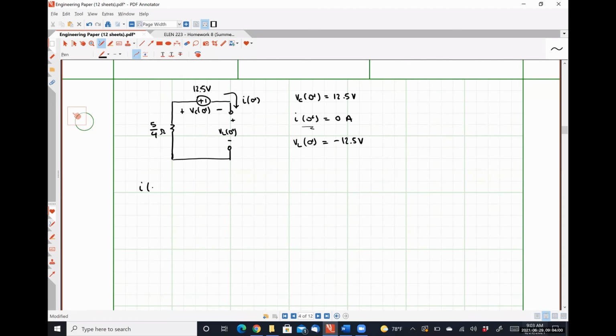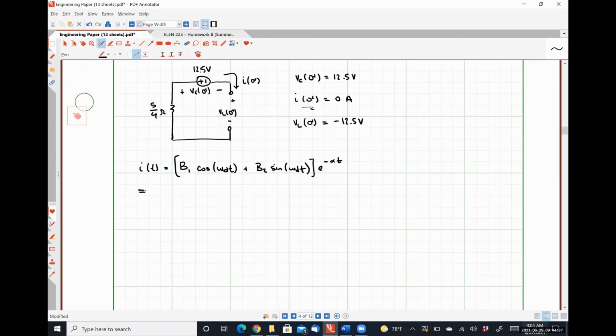So I of t will be of the form B1 cosine omega dt plus B2 sine omega dt, this whole thing multiplied by e to the negative alpha t. I was trying to remember if alpha was negative or not. It does not, but I know that this thing is going to exponentially decay.